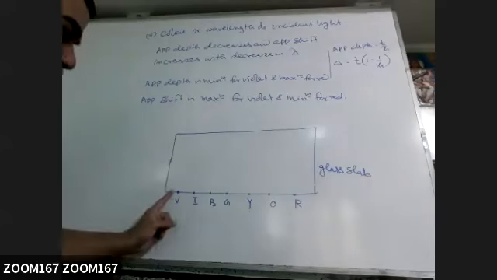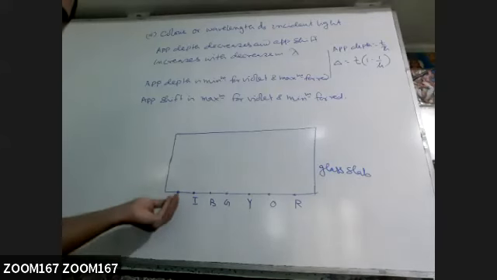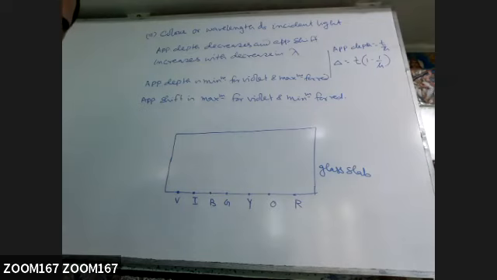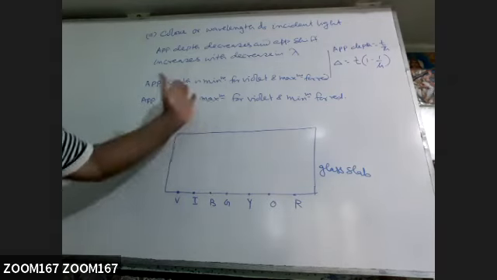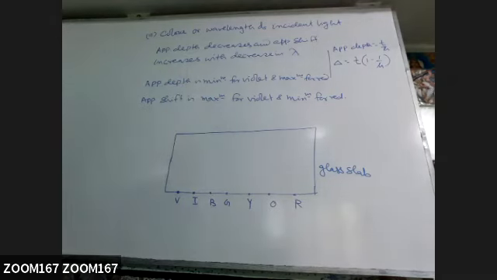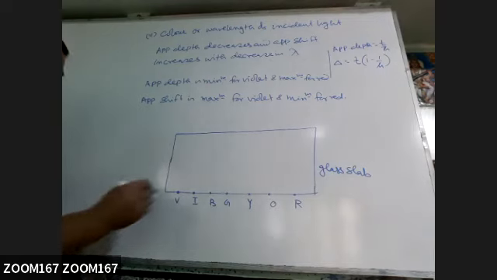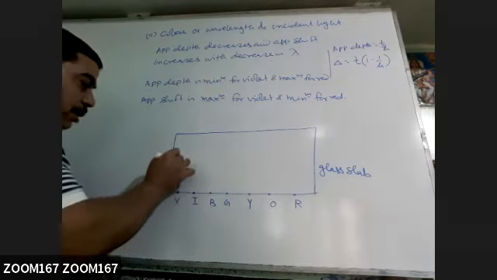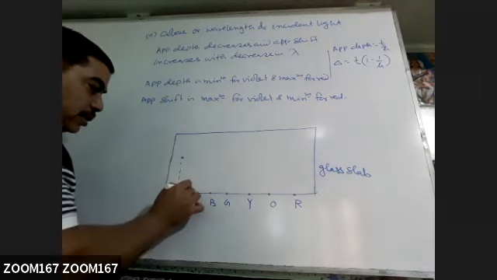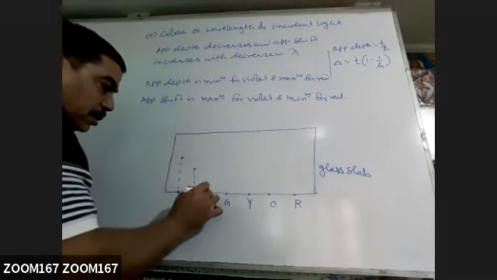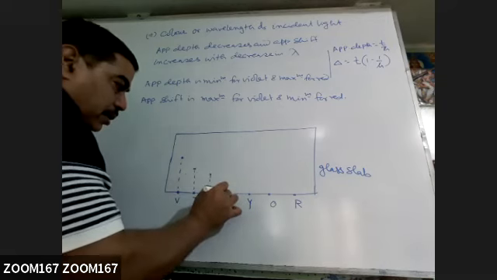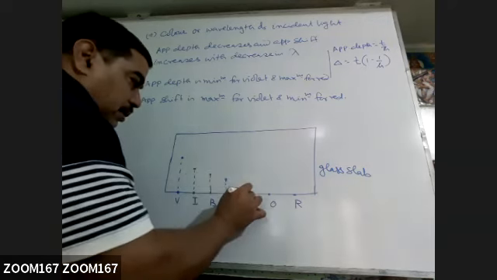As the dots are of different colors, that means different colored light is coming out. And we know for violet, apparent depth is minimum, so the shift of violet will be maximum. So violet will come somewhere here, indigo will shift somewhere here, and so on.